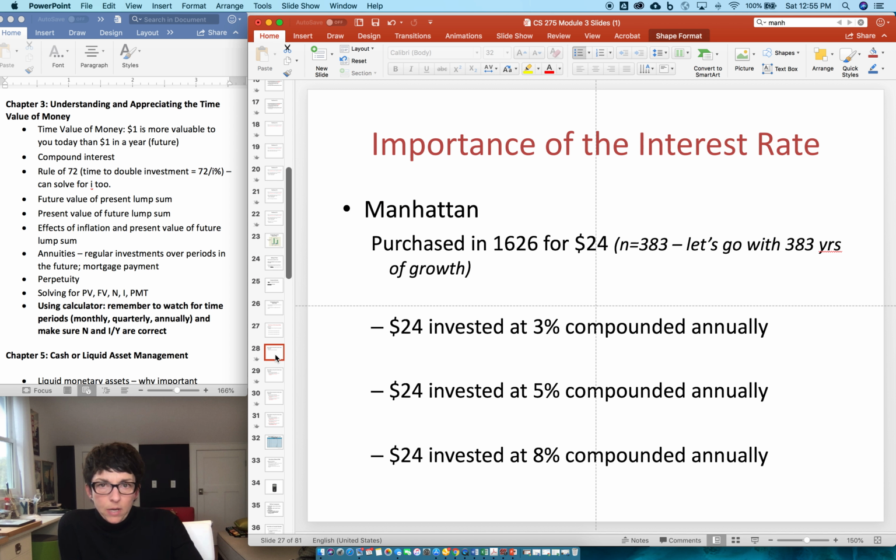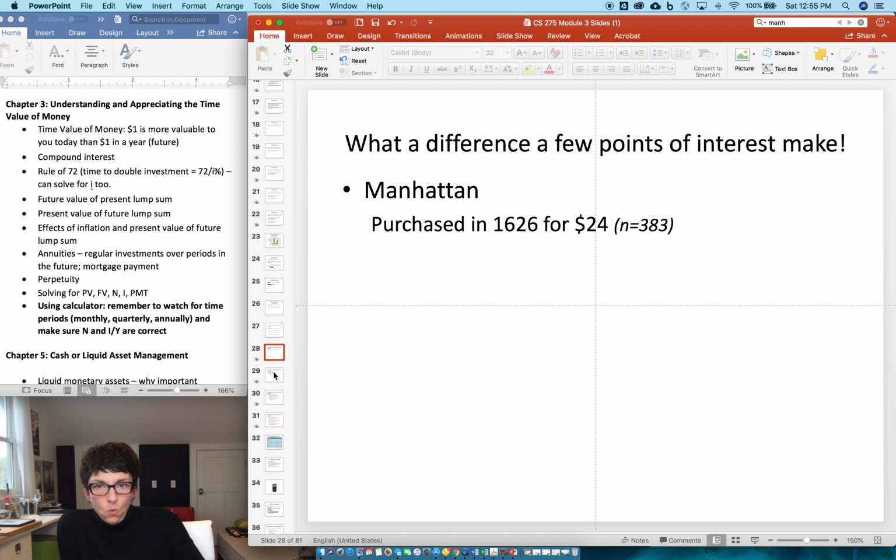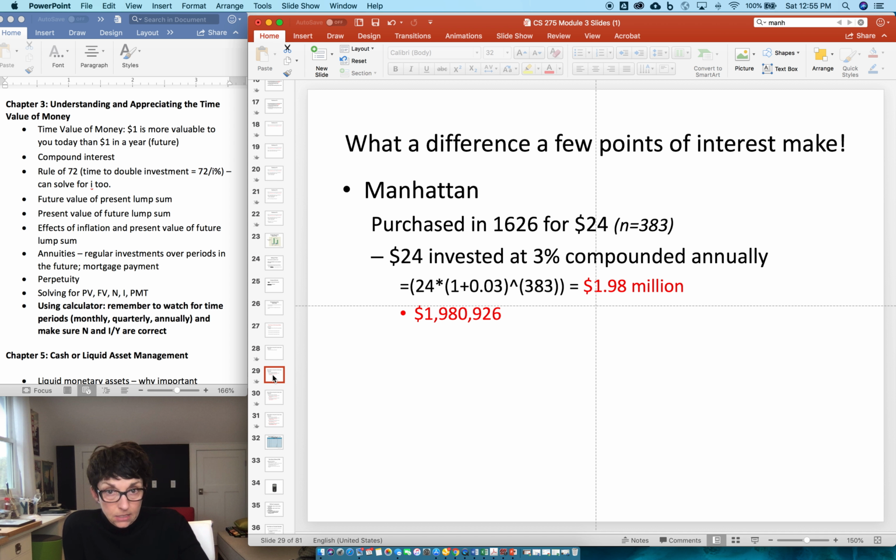So on slide 28, it lays out what the factors are that you're going to put into your financial calculator. In this case, we're calling the number of years 383. Personally, it's been longer than that if we use 2018 as the date, but we're going to roll with the slides.